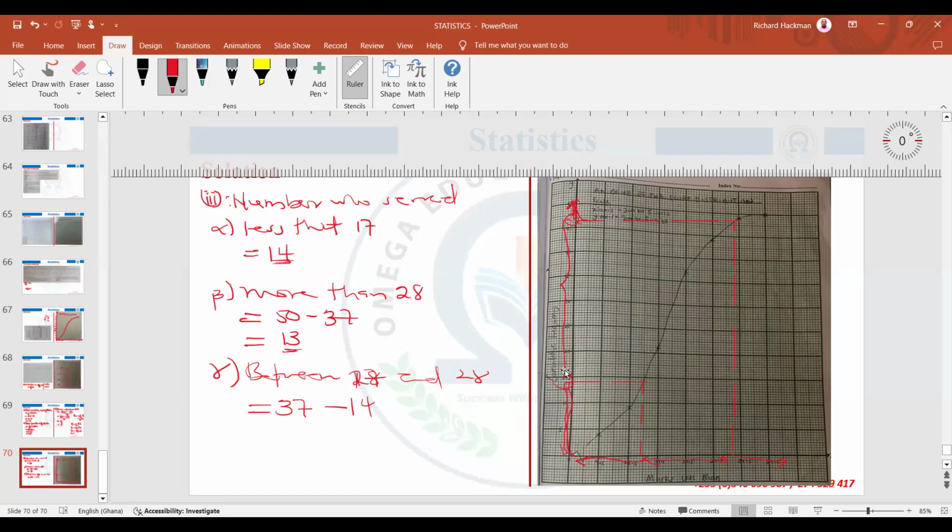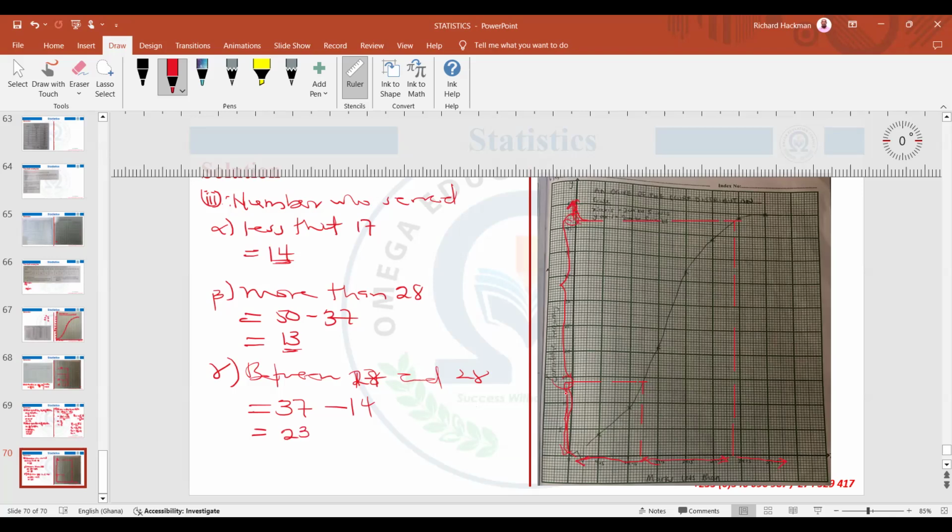The reading here minus the reading here will give you your answer. Is my point well made? So what are we going to get? Is it 23? Yes, 23.